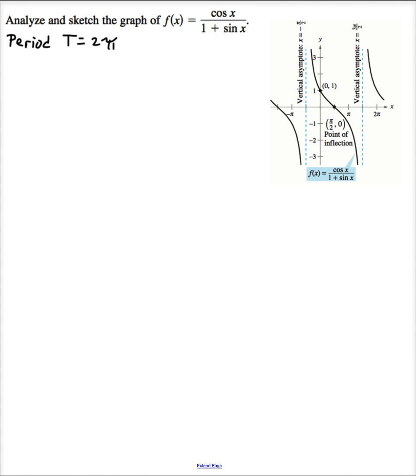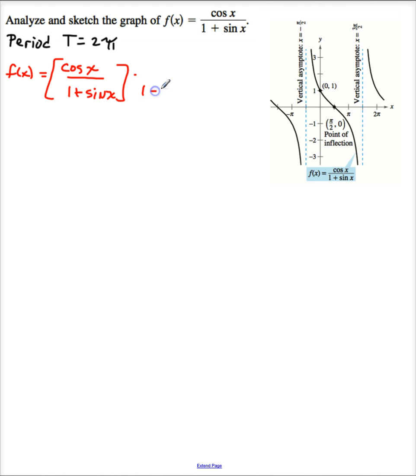Now there's another trick I'd like to show you. Let me change f of x a little bit. Let me make a small adjustment. It's just a trick, and there are other ways to do this, but I don't want a sum in the denominator because I'm going to be looking for vertical asymptotes.